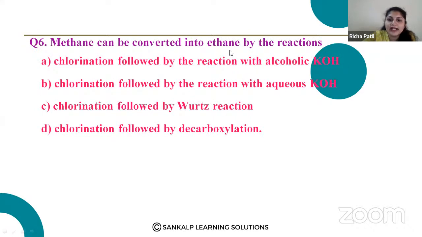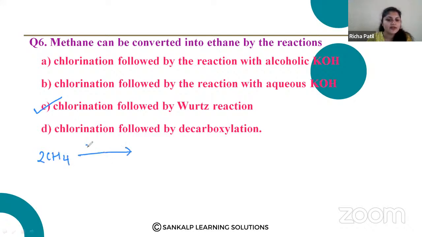Next, methane can be converted into ethane by the reaction: chlorination followed by the reaction with alcoholic KOH, chlorination followed by reaction with aqueous KOH, chlorination followed by Wurtz reaction. The correct option is C. I'll write the reaction.